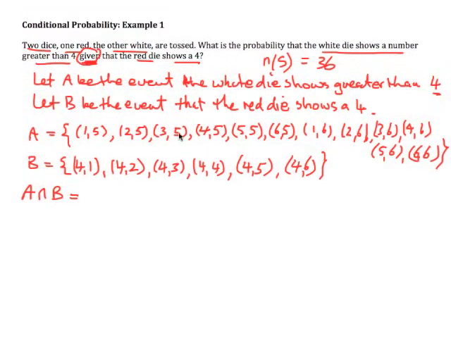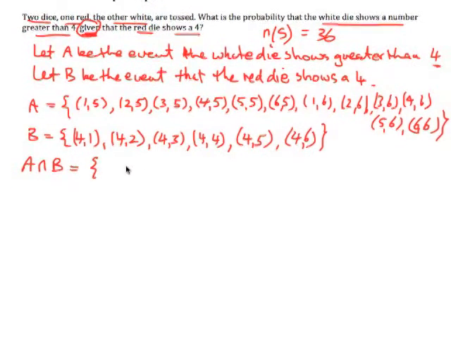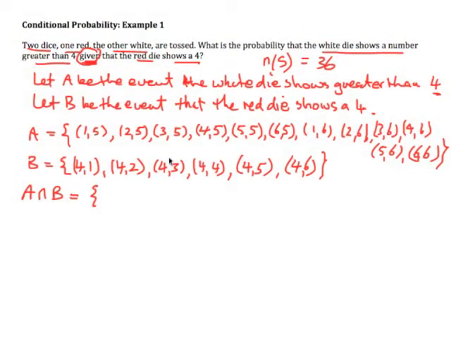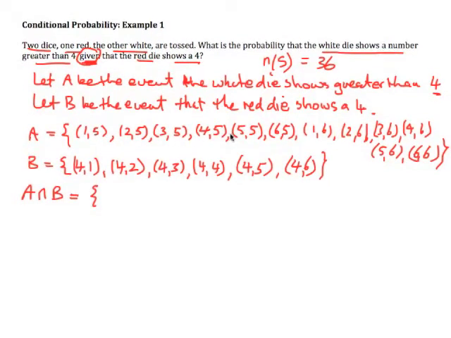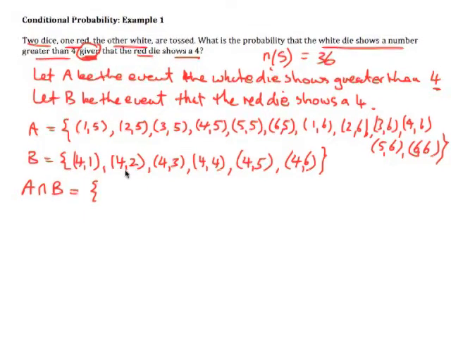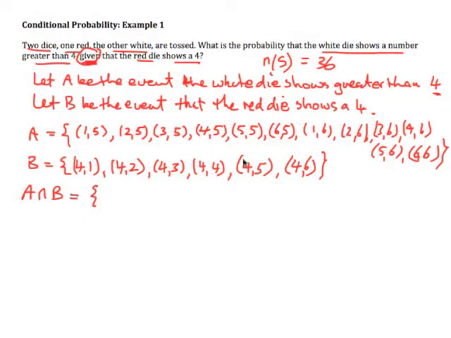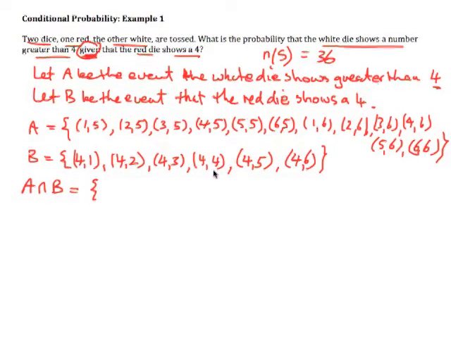Right, so now let's look at the intersection of these two events. Right, so we're looking for common ones. Okay, so what are the common outcomes for these two events? All right, so let's look through here. Do we get a 4,1? No. Do we get a 4,2? No. Do we get a 4,3? No. Do we get a 4,4?